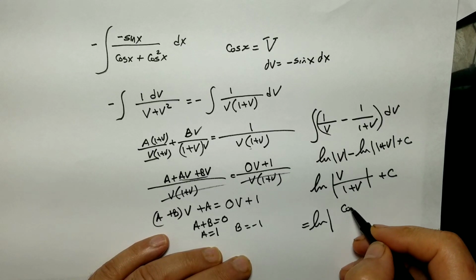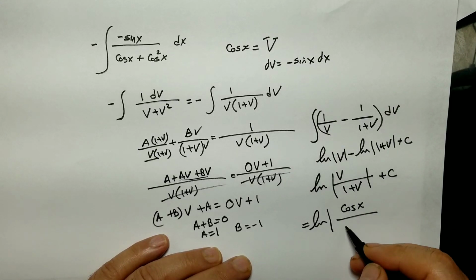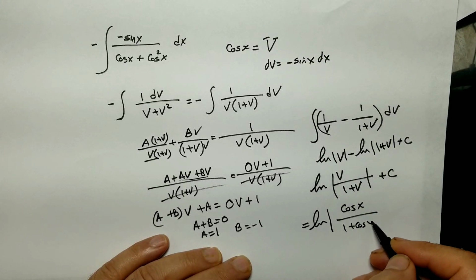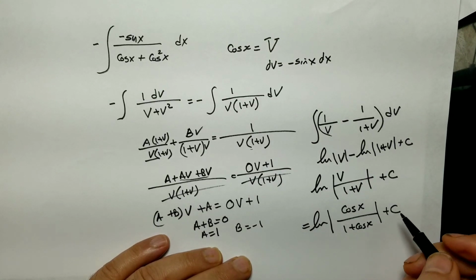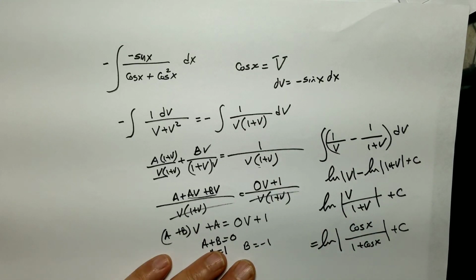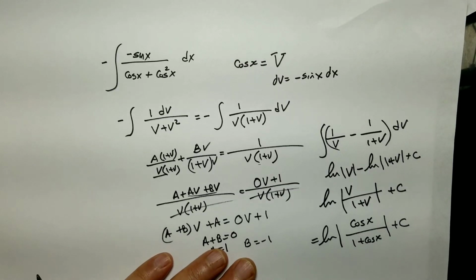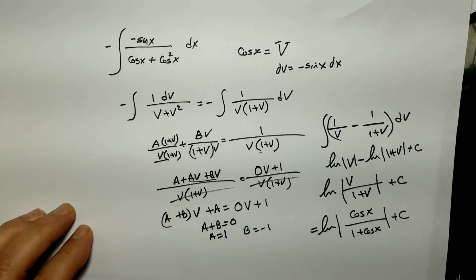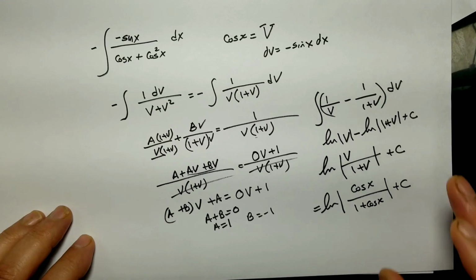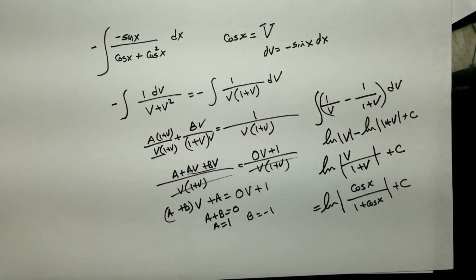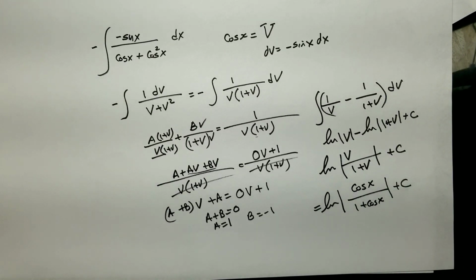My v was the cosine of x. That problem was not hard. Do you see the transformation? Transformation sometimes helps you reach your goal much quicker than you are anticipating. Therefore, this is the end of the examples for partial fraction decomposition.